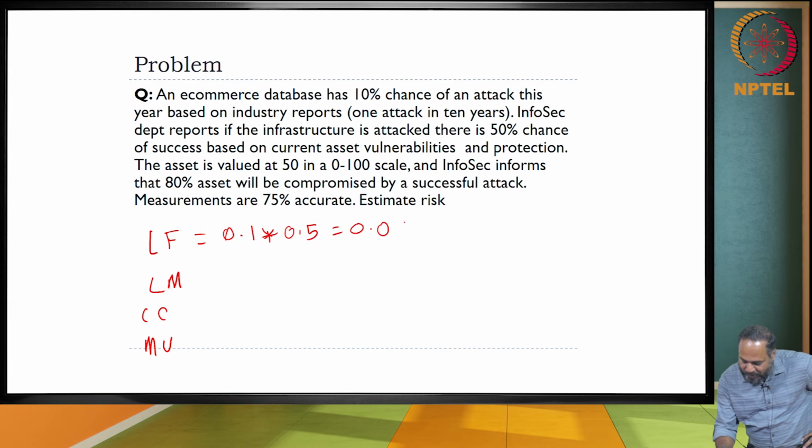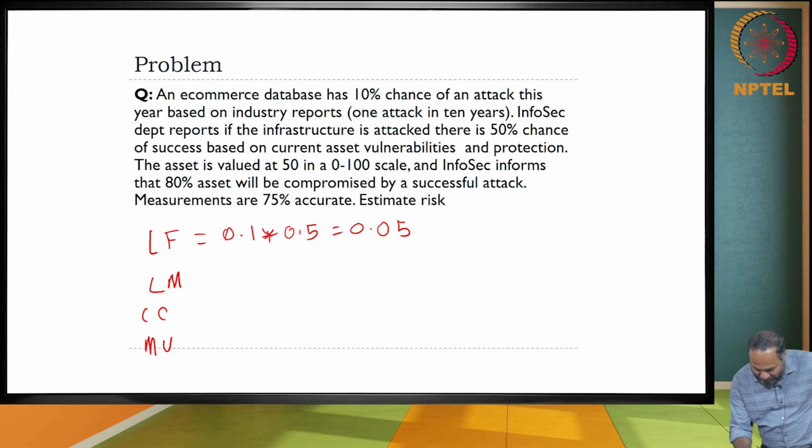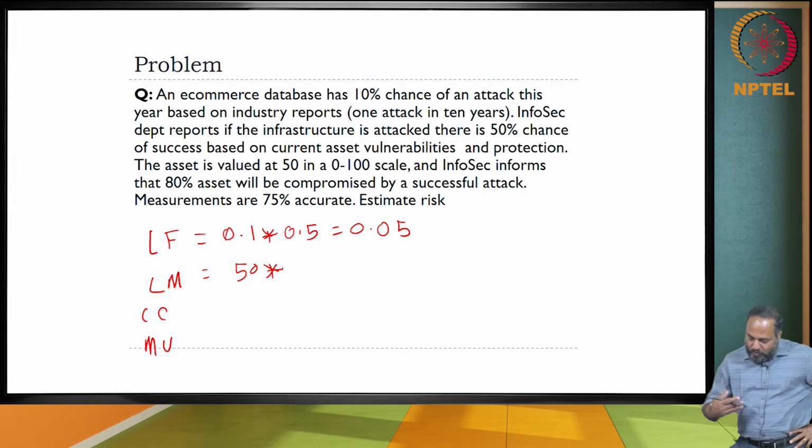Anyone got the final value? No? Okay, this is 0.05, agreed. Okay, we'll go on. Loss magnitude is the exposure, right? The asset is valued at 50, okay, 50 is the value of the asset into what percentage of it is exposed, 80%, okay.